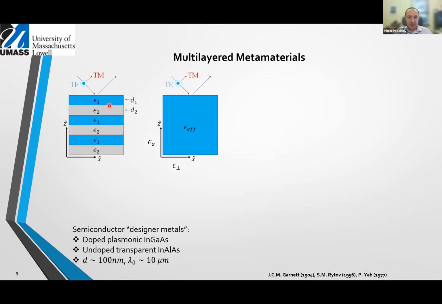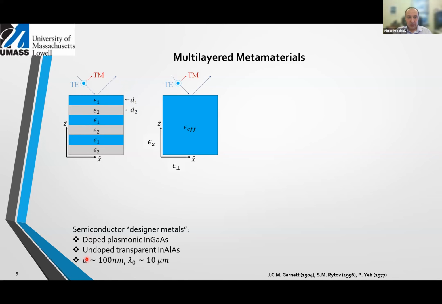These are made by growing a large number of semiconductor layers. Some of them are undoped. These are the gray layers here. And some of them are highly doped, so they behave like free electron plasma. And so by using semiconductor technology, one can adjust the doping, adjust the plasma frequency of these layers, and basically adjust the structure of this composite.